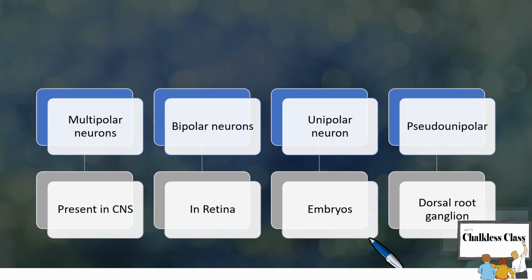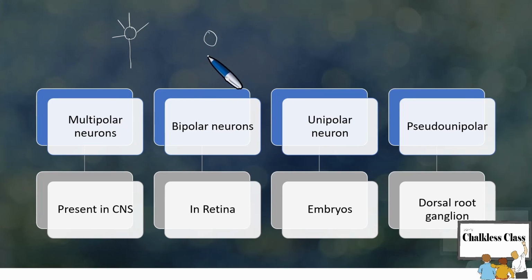The types of neurons. If the neuron has one axon and many dendrites like this, it is called a multipolar neuron. The multipolar neurons are present in the central nervous system, that is, the brain and spinal cord.